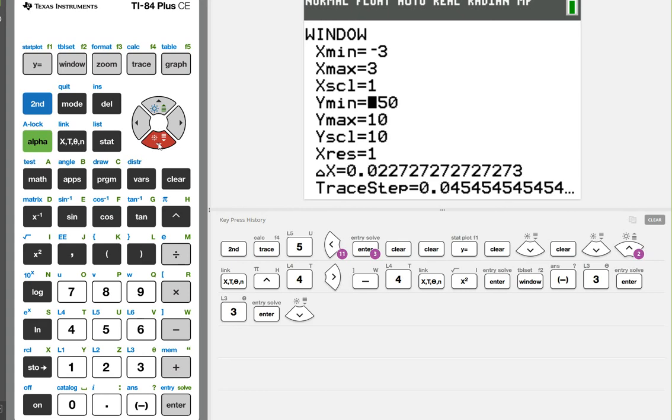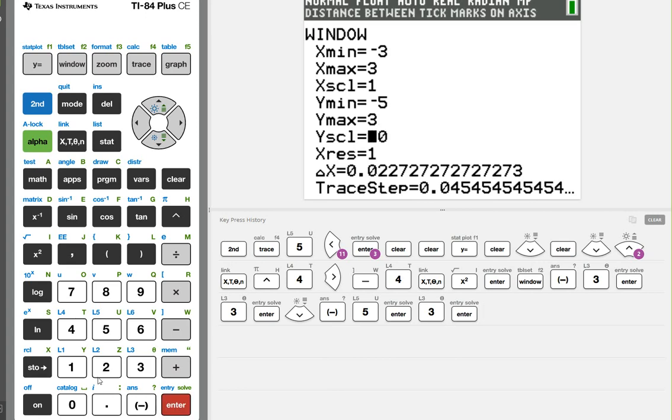We've already graphed this on Desmos. Let's set our y minimum to -5, so it's a little bit below our graph, at a maximum of, say, 3. And I better change y scale to be 1 or something smaller than these numbers. So looking pretty good there.